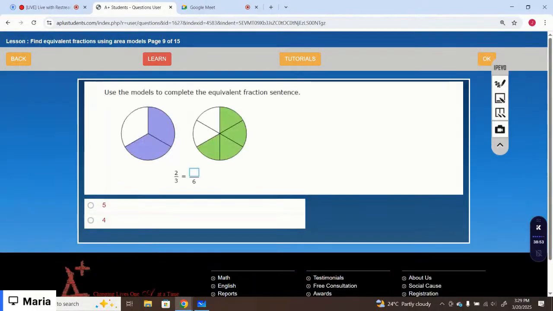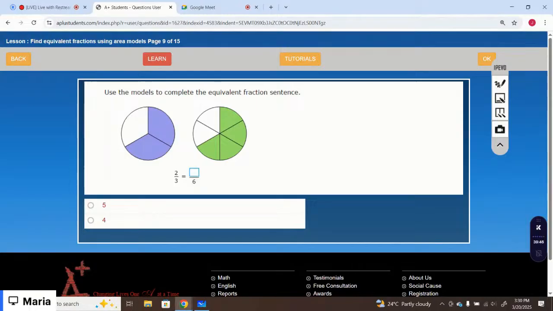Use the models to complete the equivalent fraction sentence. That equals 4 out of 6.